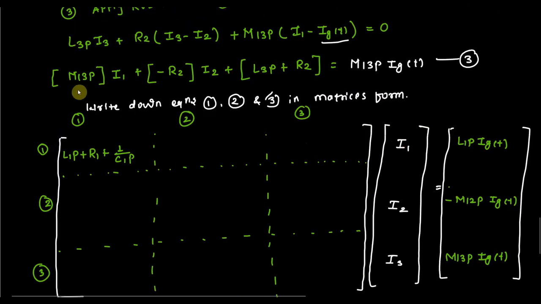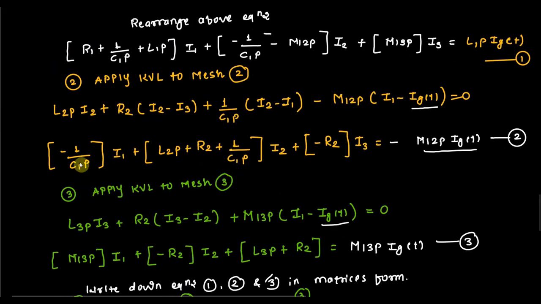So the second term is minus M12P minus 1 upon C1P, and the third term is M13P. Similarly, we have to write down the second equation. This is the second equation. Minus 1 upon C1P, this term and this term. So we have to simply take that.